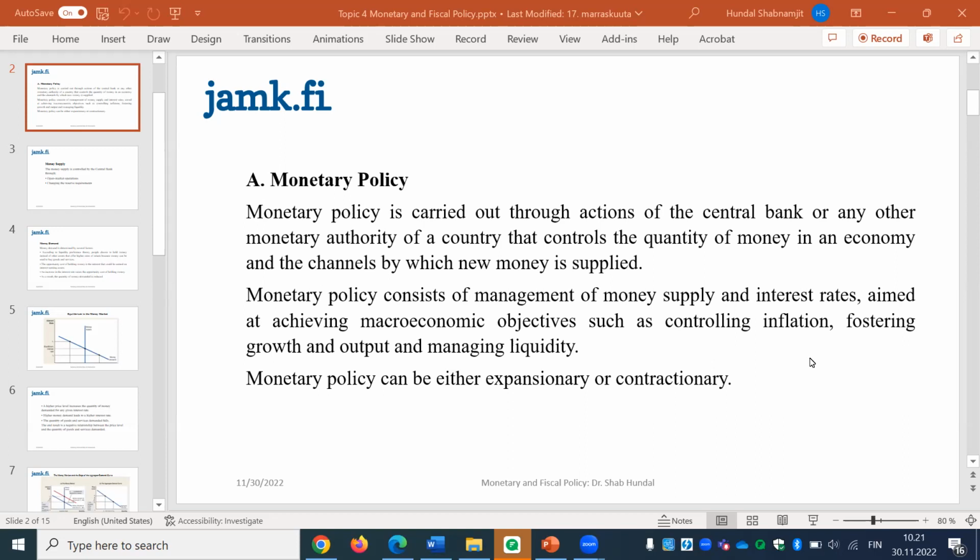Then the central bank of the country can follow an expansionary monetary policy. Expansionary monetary policy means you create more money supply. Whenever you have something more, its price goes down. So when there is too much money supply, the price of money, which means the interest rate, will go down. And when the interest rate goes down, the borrowers will come and borrow the money.